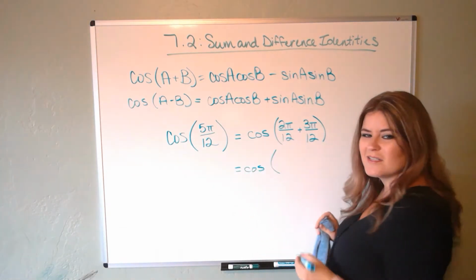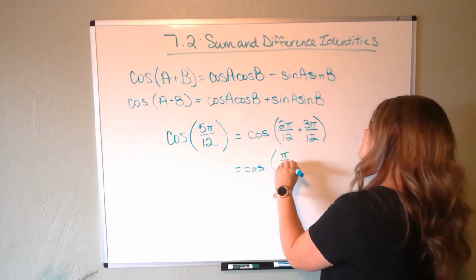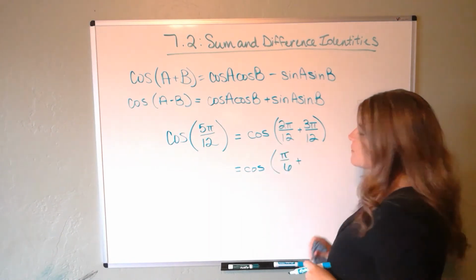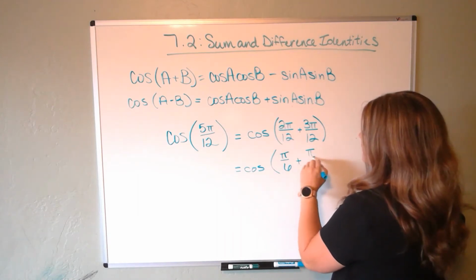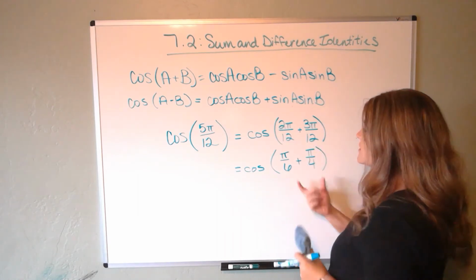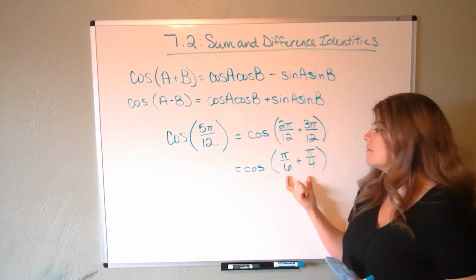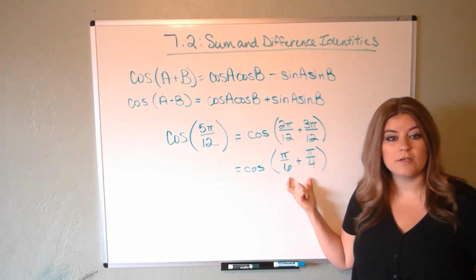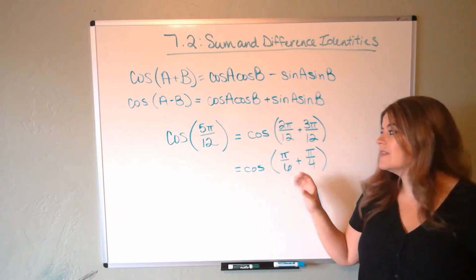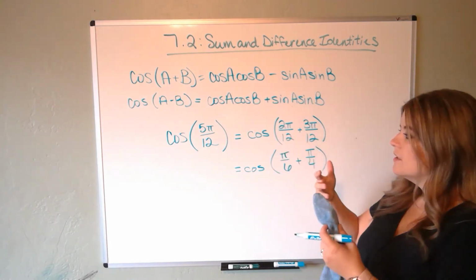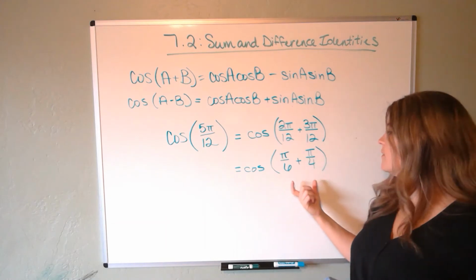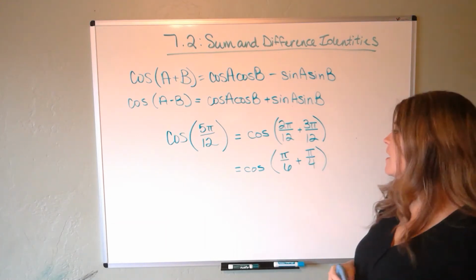Reduce it, you guys. Isn't that just pi over 6? What about 3 pi over 12? Reduce that, guys. Isn't that just pi over 4? And you can see that when we broke it up here, I was really breaking it up into two angles that are on my unit circle. So it's not that bad, but you got to know how to break it up. You got to know how to reduce it.